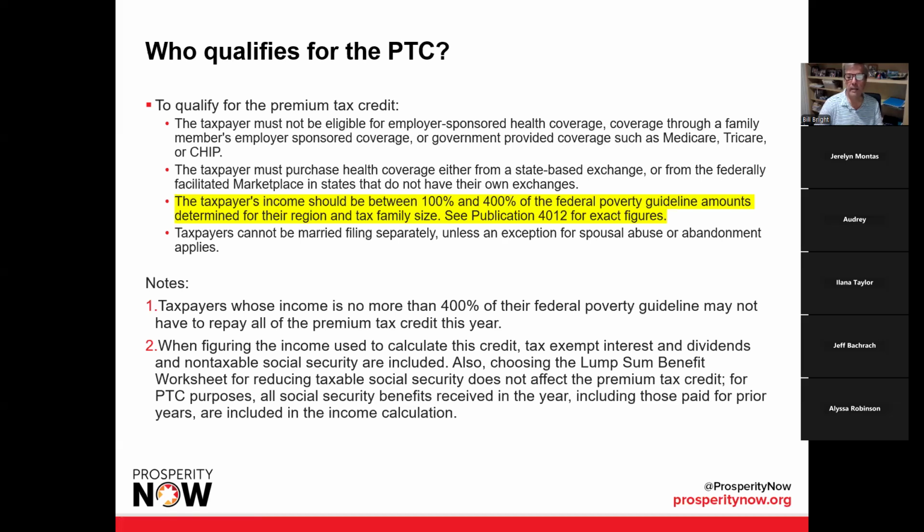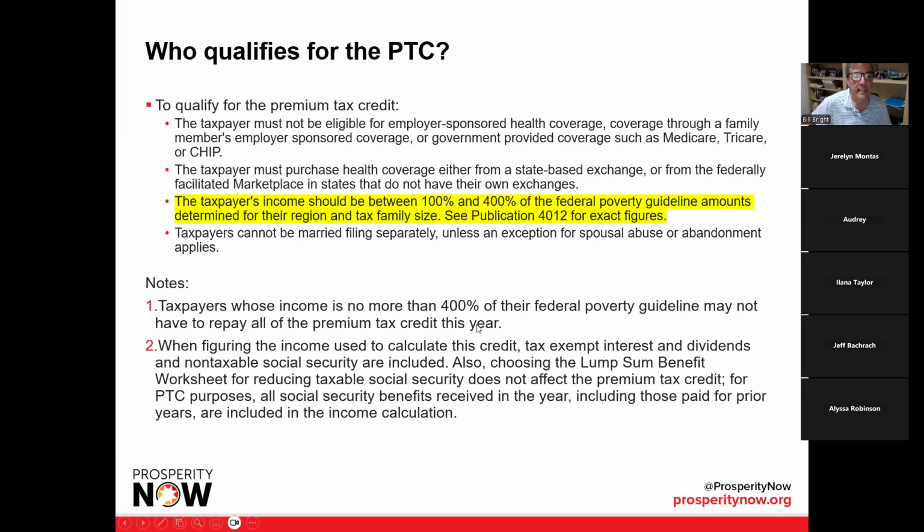Generally, our lower income folks are covered through Medicare and CHIP with the kids. Military is TRICARE for those that have not reached retirement age or age enough for Medicare. The taxpayer must purchase the health coverage from either the state-based exchange or the federal marketplace if you live in a state that doesn't have its own exchange.